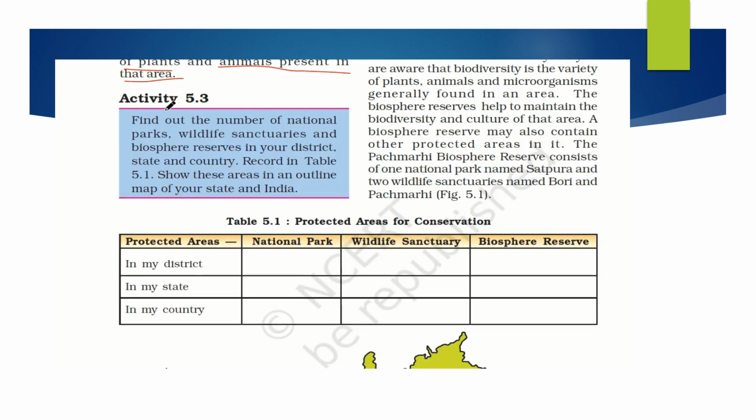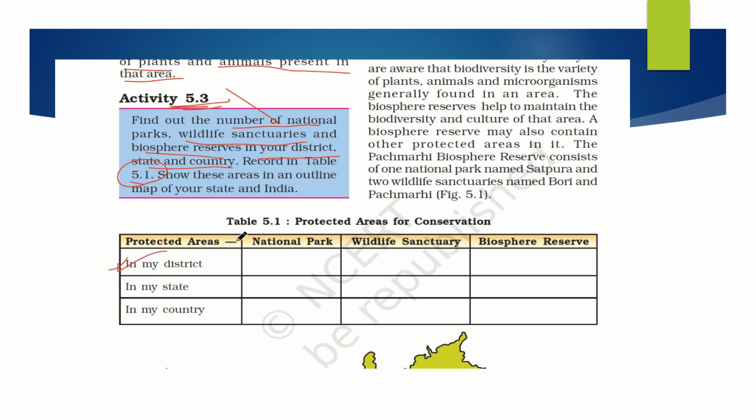Now this activity 5.3 you will do as homework. Find out the number of national parks, wildlife sanctuaries and biosphere reserves in your district, state and country, and record them in table 5.1.